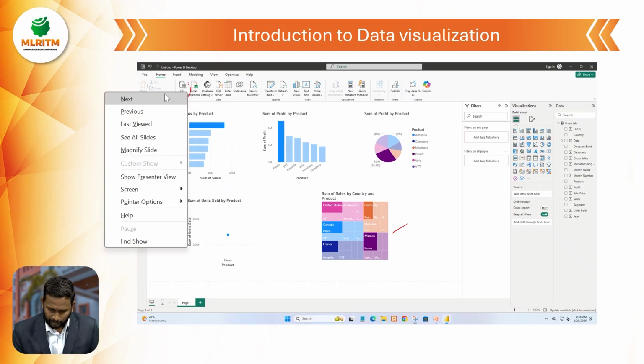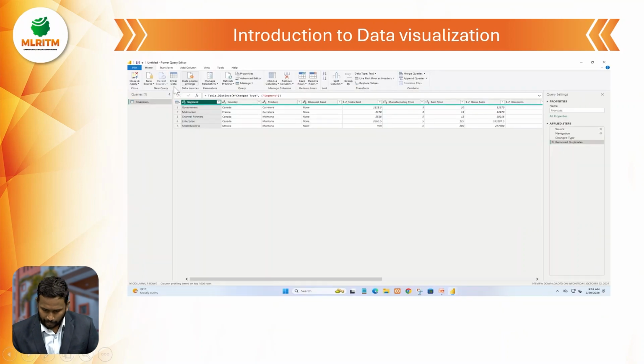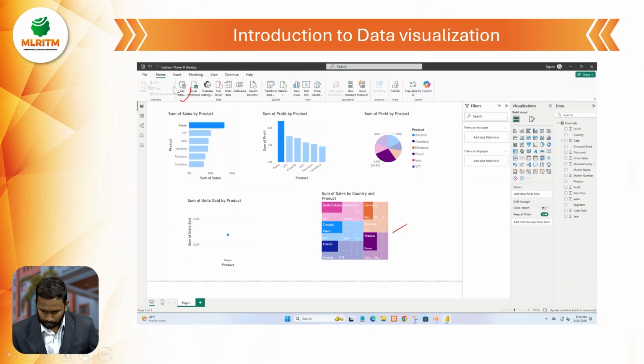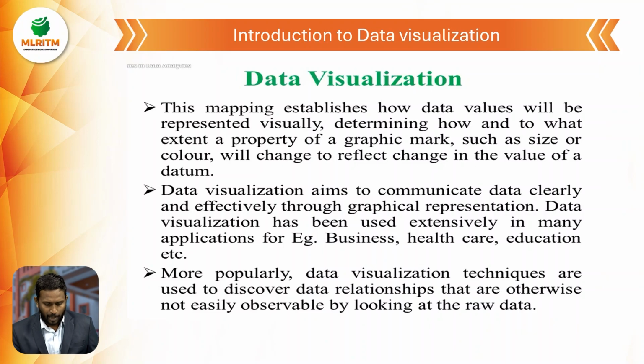This mapping establishes how data values will be represented visually, determining how and to what extent the property of a graphic mark changes.